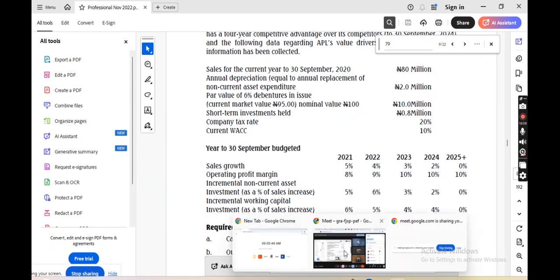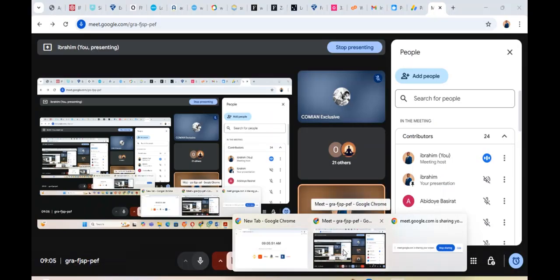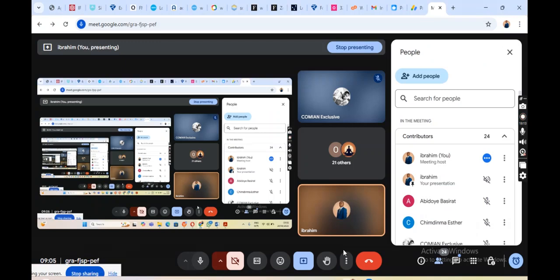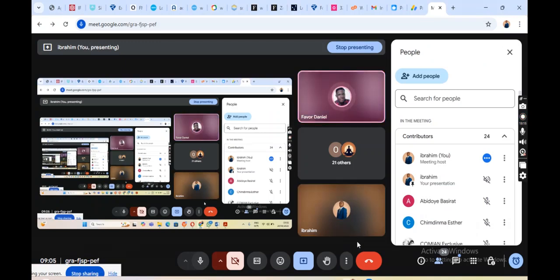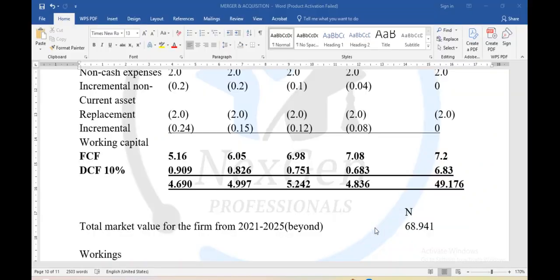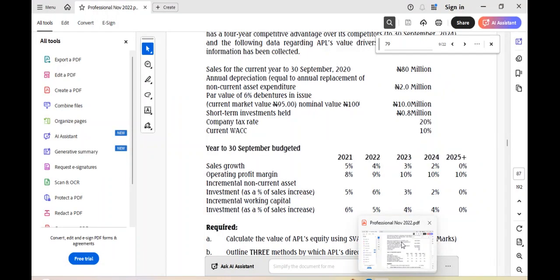Okay. Is that true? That's the same thing I said also. It will give us the same answer. I thought you said 95 times 100 divided by 10 million.